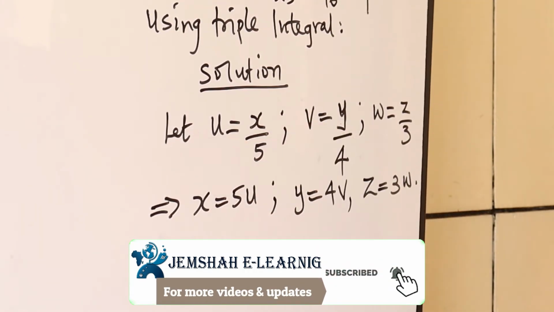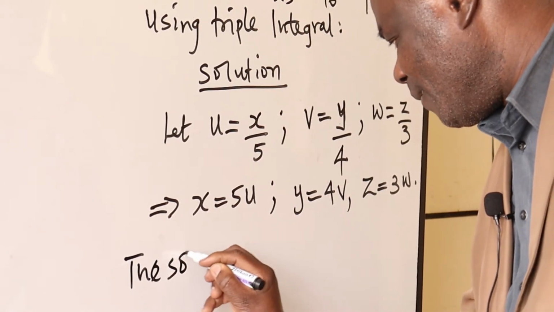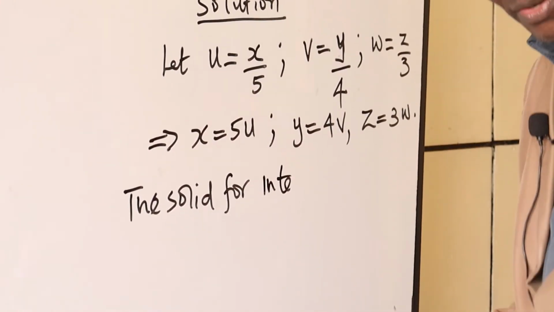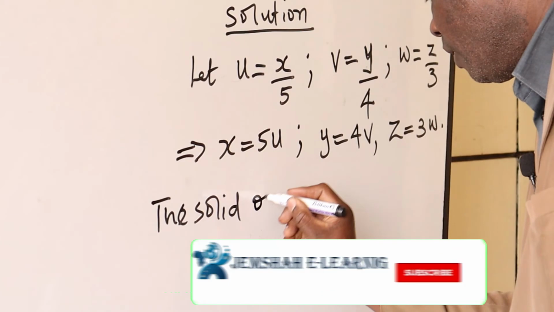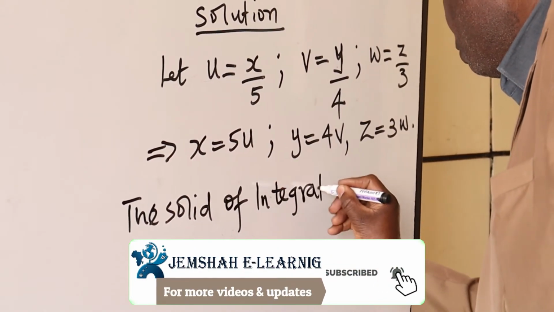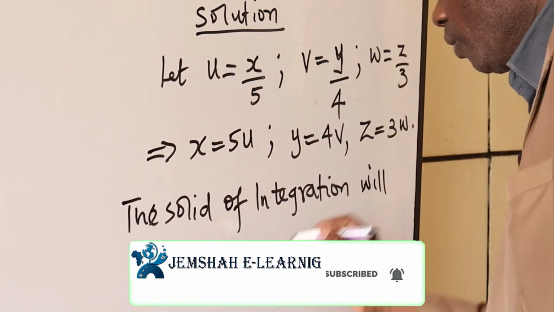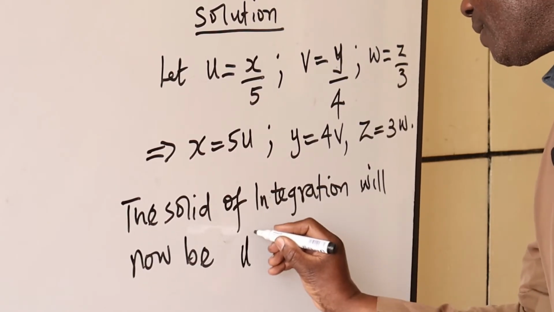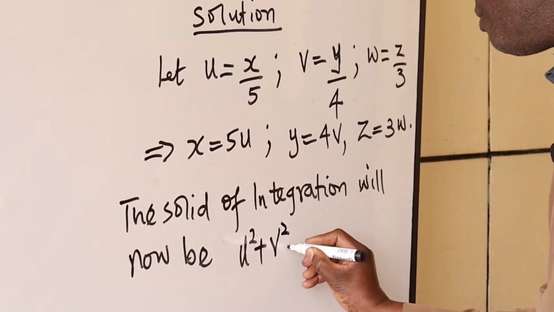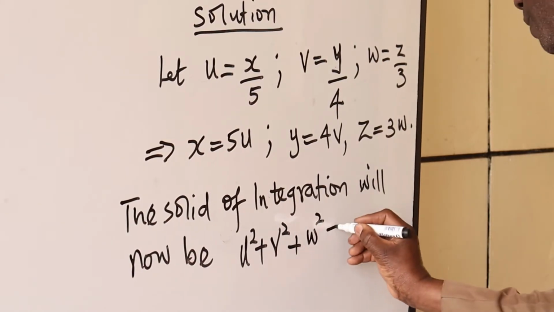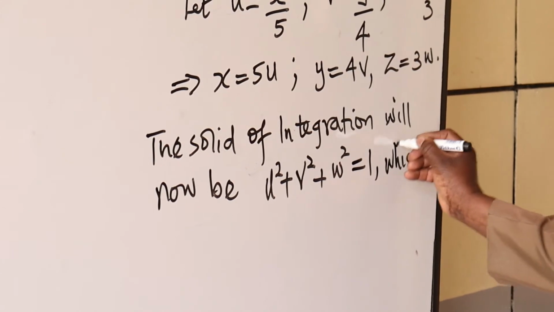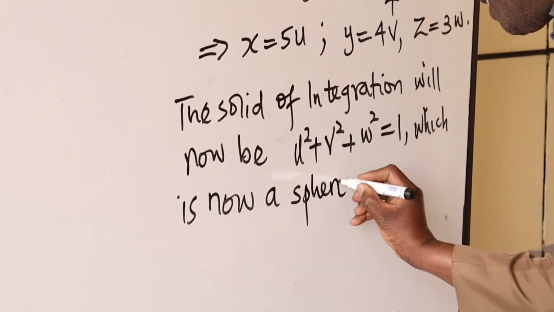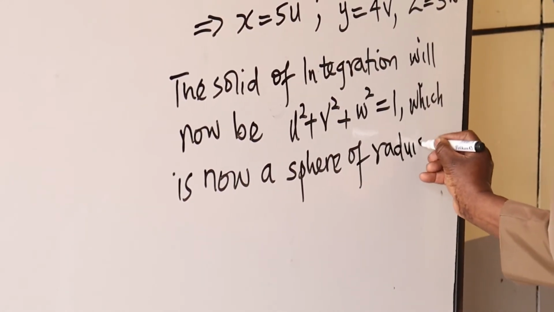Now, since u is equal to x over 5, the solid of integration will now be u squared plus v squared plus w squared equals 1, which is now a sphere of radius 1.